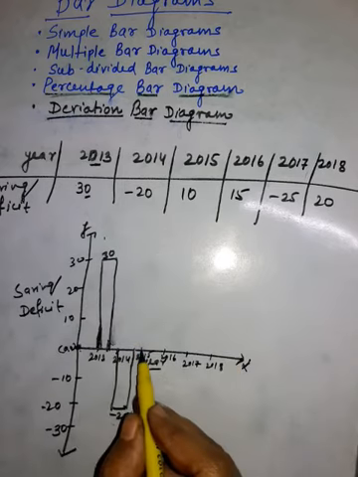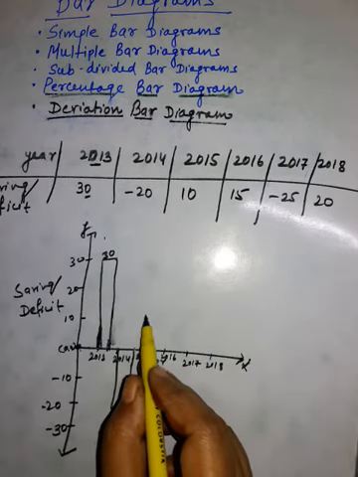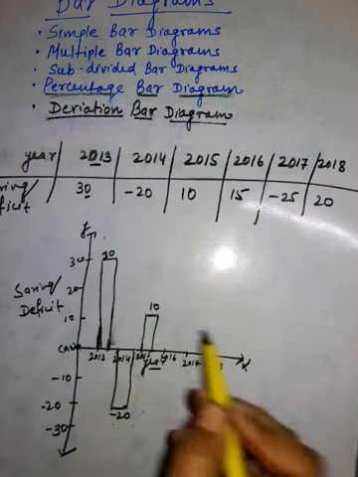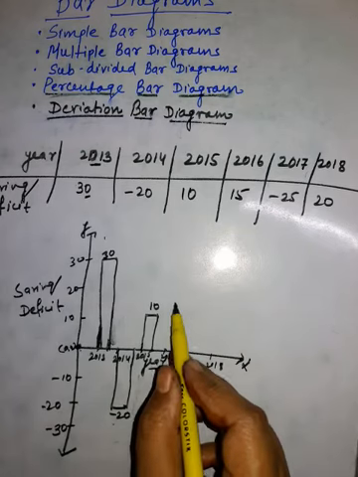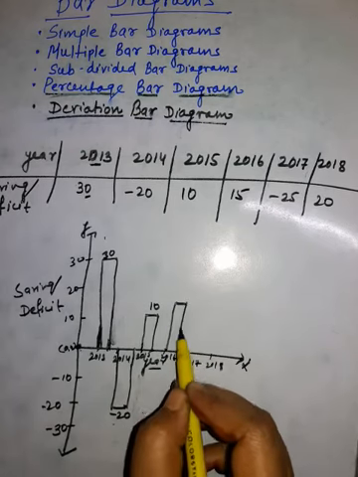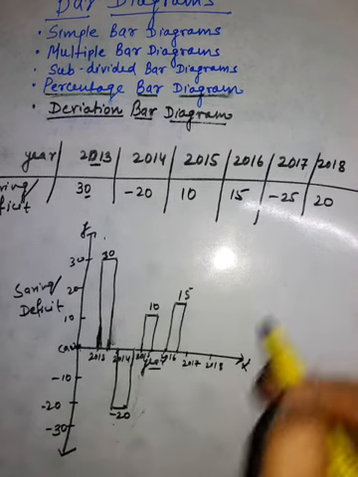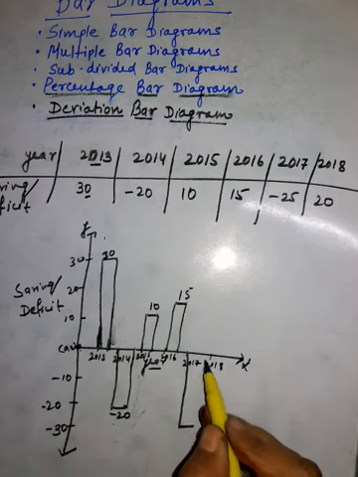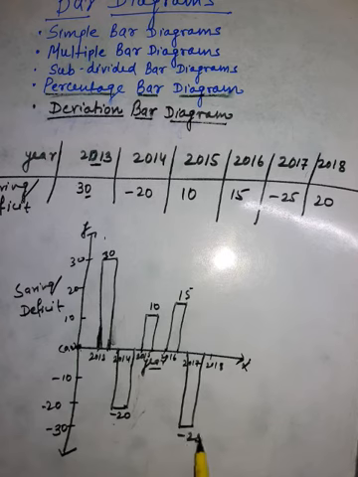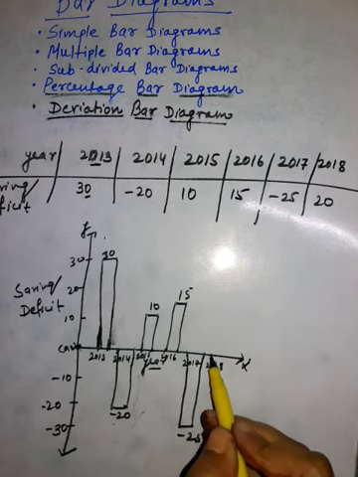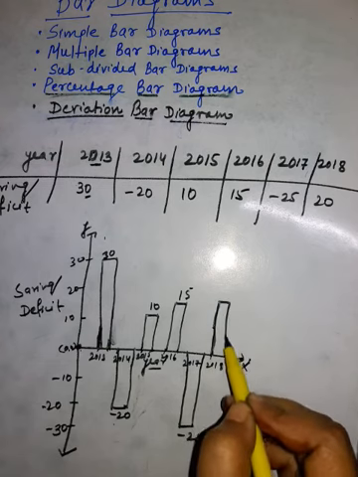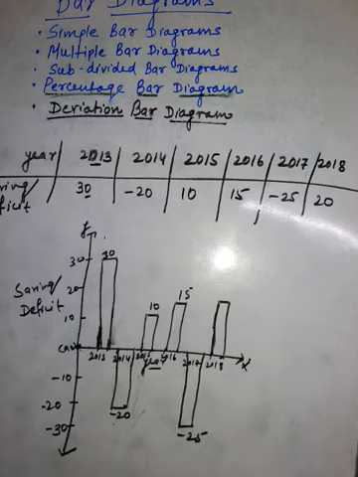Now 2015, that is 10. 2016, 15. 2017, here minus 25. Then 2018, 20. Okay, that is deviation bar diagram. This way you will draw deviation bar diagram.